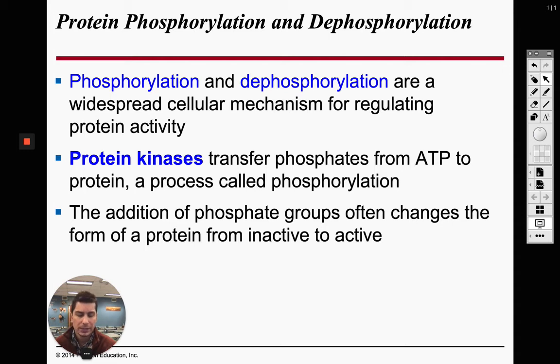The protein kinases are going to phosphorylate ADP, and in phosphorylating it, the ADP is going to get turned into ATP. That's the goal of our protein kinases.